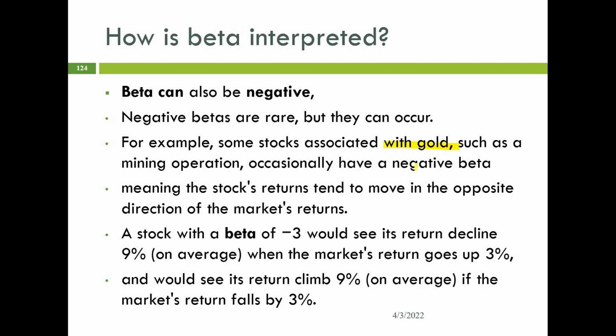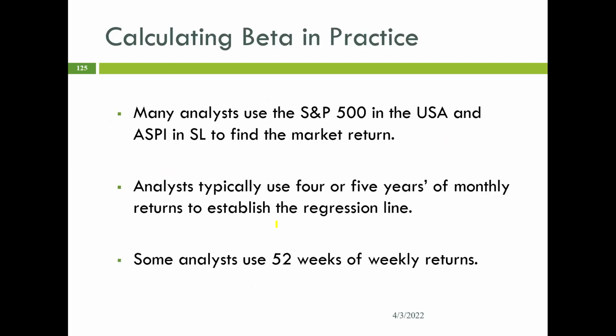They can move in the opposite direction to the market. When the market goes up, this goes down, like a substitute such as a gold investment. But it's a rare situation, meaning the stock's returns tend to move in the opposite direction of the market returns. So it's possible, but very rare.